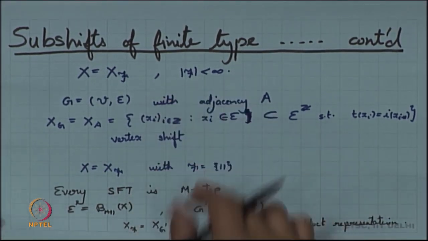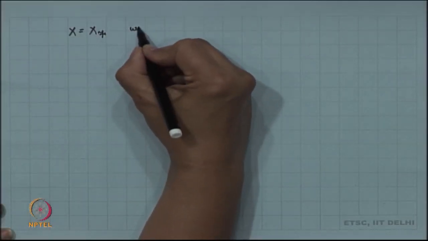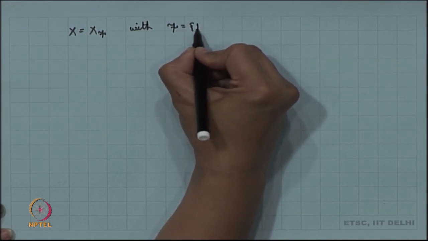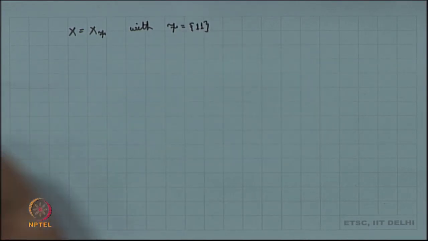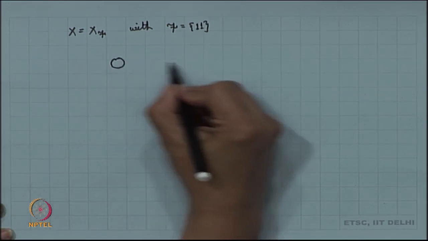Let us take the case of the same example here. So, again we have our subshift of finite type, we have X equal to X_F with F being the block 11. Now, what happens in this case is we can think of two vertices here.